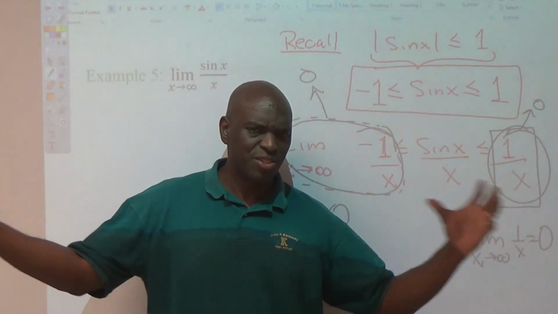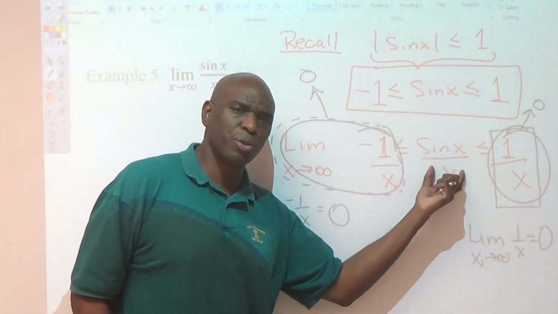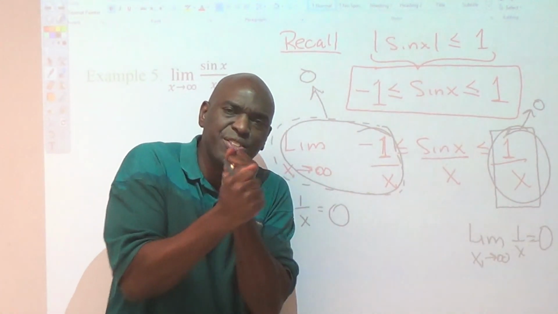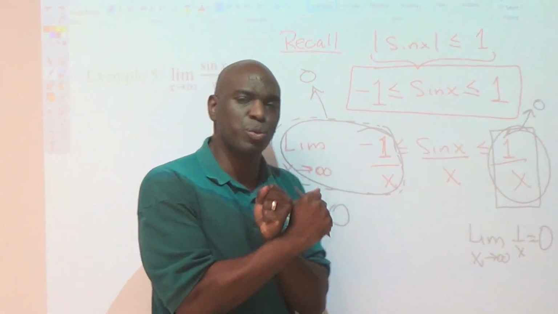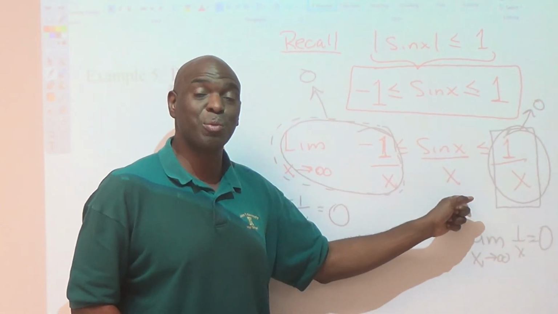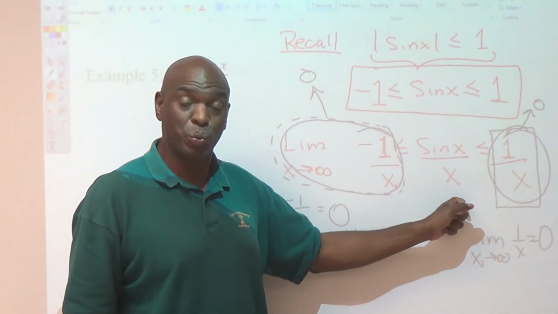So one end goes to 0, the other end goes to 0. If the ends are going to 0, where do you think the middle is going to go? The middle is sandwiched, squeezed in between. So if the ends approach 0, then the middle must also approach what? You got it, 0, by the squeeze theorem.